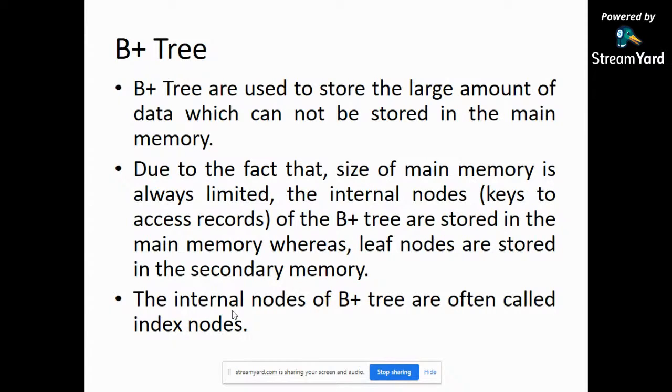B plus trees are used to store a large amount of data which may not be stored in the main memory. Due to the fact that the size of main memory is always limited, the internal nodes of the B plus tree are stored in the main memory, whereas leaf nodes are stored in the secondary memory.